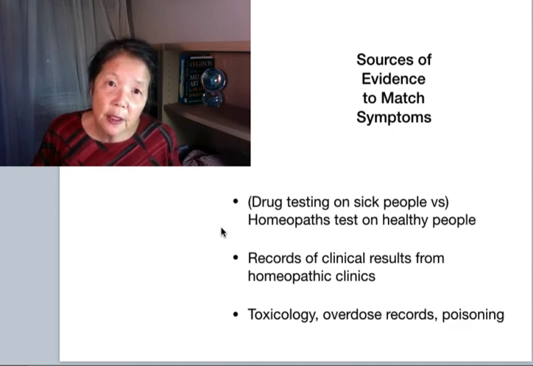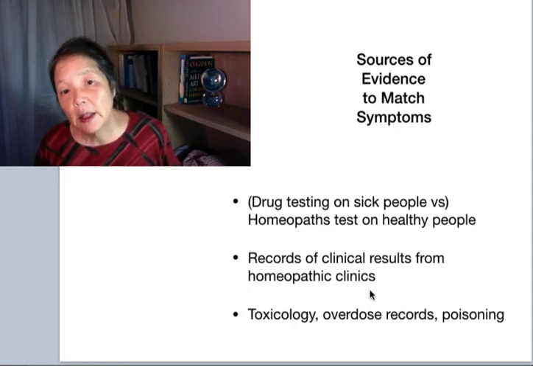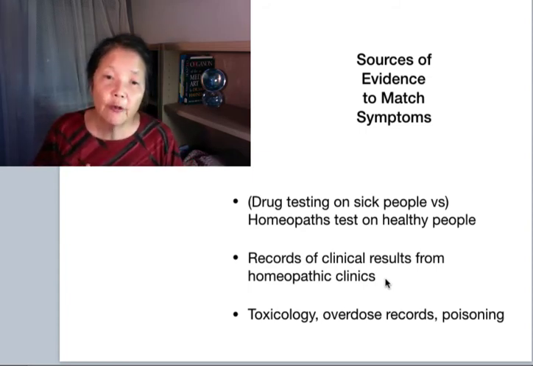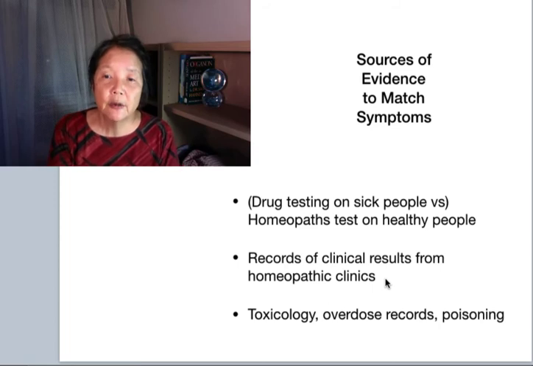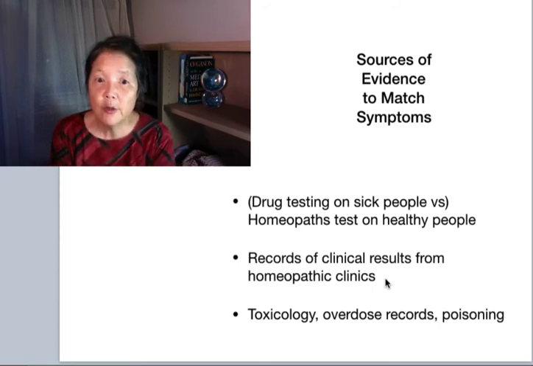Another source of evidence about homeopathic remedies is clinical results from homeopathic clinics. So what we do is we rely on our clinicians who see a large number of patients. They catalog symptoms, and these are sent to a central person who makes a huge catalog and keeps track of all that.